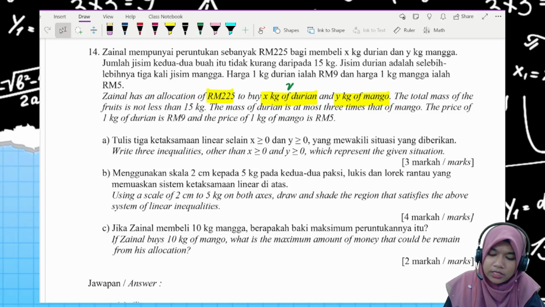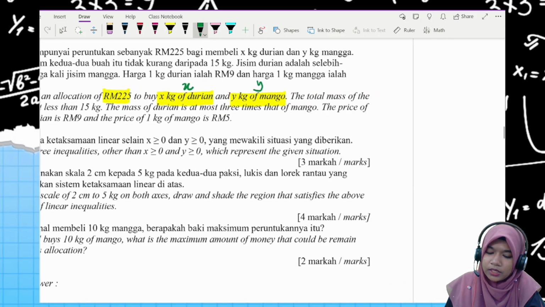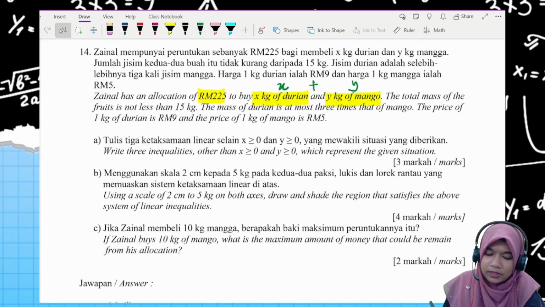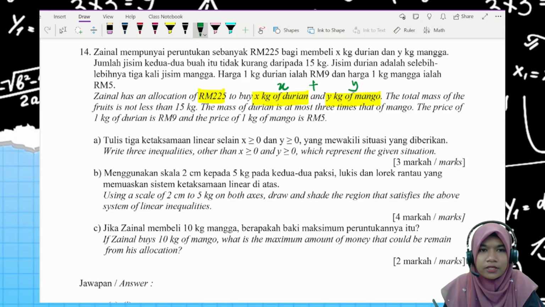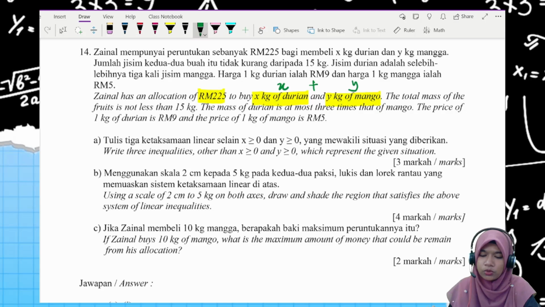So durian is x, mango is y. So when he buys x durian and y mango, the total must be, the maximum is 225.